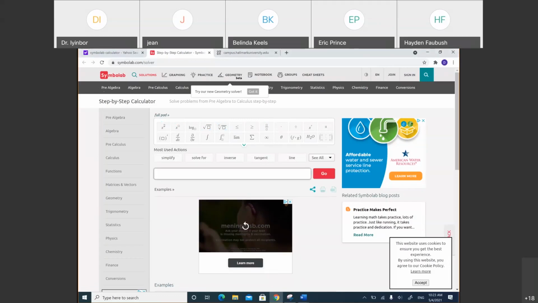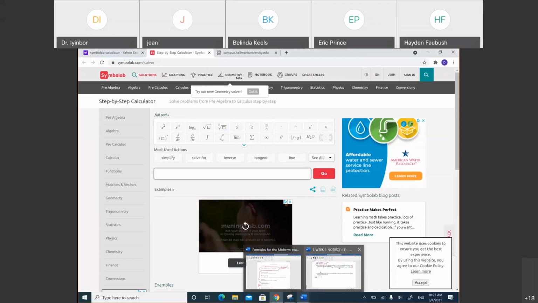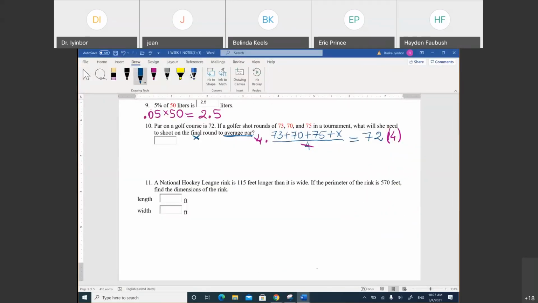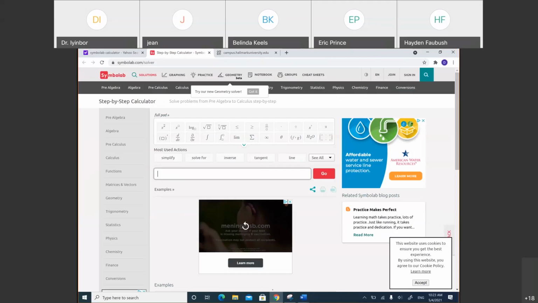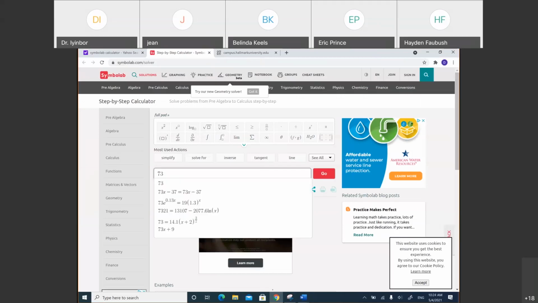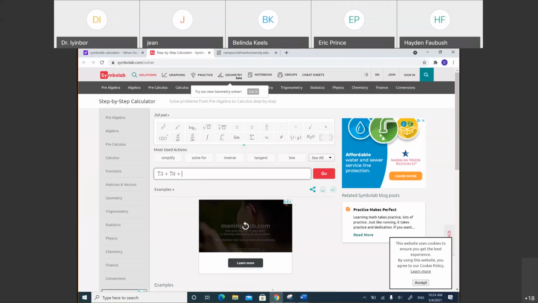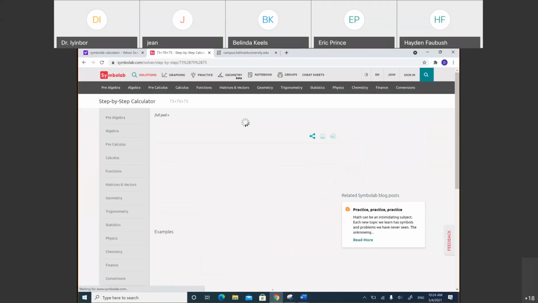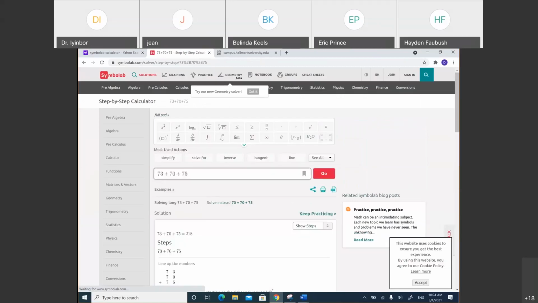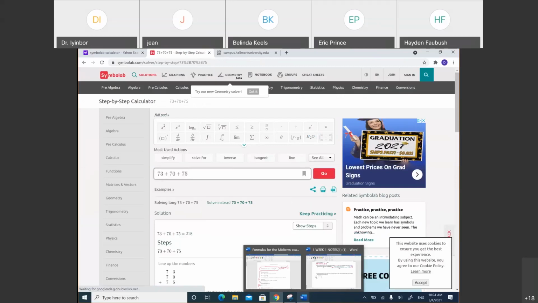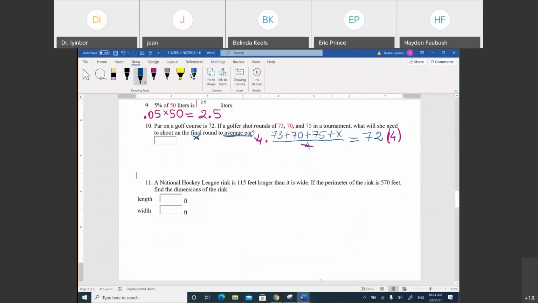So I'm going to use this calculator. What I need to add is 73 plus 70 plus 75. And it's going to give me the answer. 218, right? So we have 218 plus x equals, what is 72 times 4? 288, right?